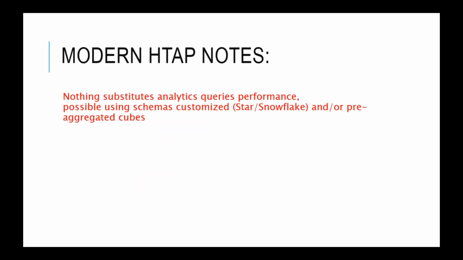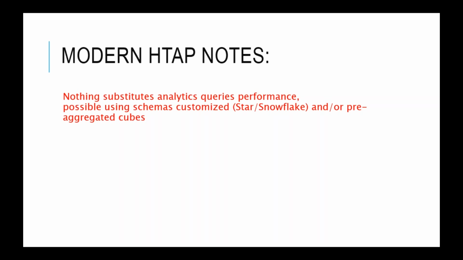And before I dive into this, I just want to make a very clear note. Please, no matter what the other people say, test your workloads before going full speed on HTAP and throwing your cubes and your relational data warehouse away. Absolutely nothing substitutes analytical query performance when the schemas are really customized and optimized.